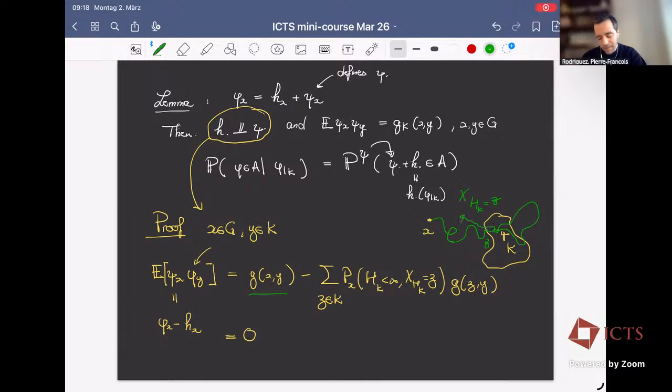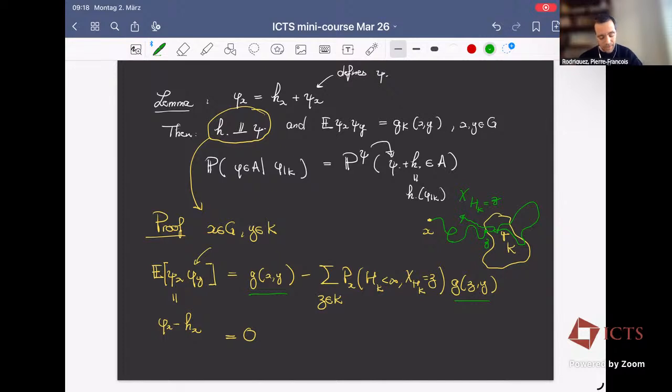But basically, what this decomposition tells you is that exactly if you want to compute g of x y, you first look at where you enter K and then look at the expected number of visits starting from that point z where you enter K at y, which is this thing. And so by the Markov property, the two are equal, so the difference is 0.